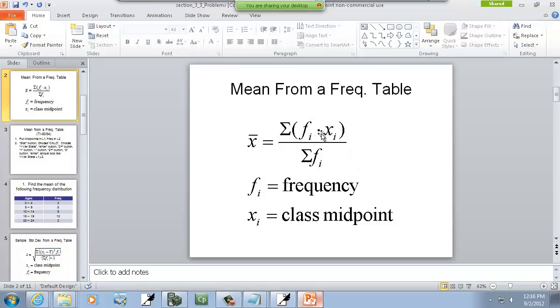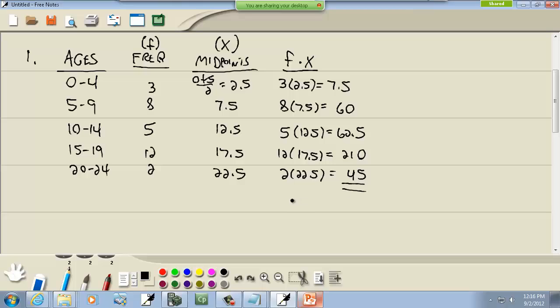Okay. Now we have f times x, and we have the uppercase sigma in front of it. That means we're going to add those together. So we want to sum this column, and that'll be our sum of f times x. So 7.5 plus 60 plus 62.5 plus 210 plus 45, and that gives us 385.